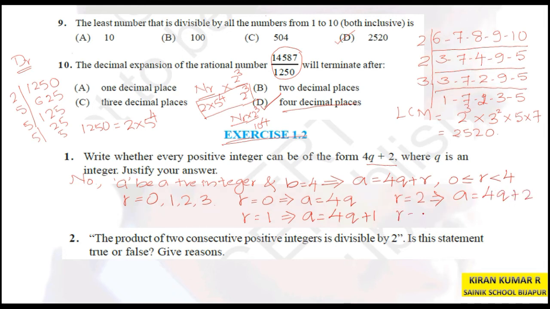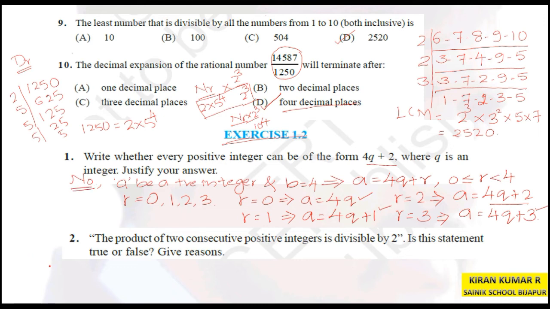Suppose the value of r is 3, then a is 4q plus 3. So when you observe it, not only 4q plus 2, we have 4q plus 3 form, 4q form, 4q plus 1 form. So the answer is no.